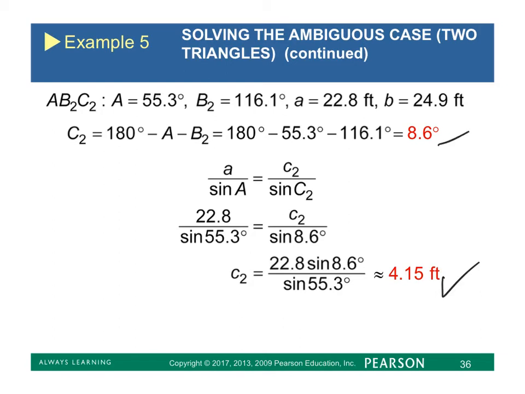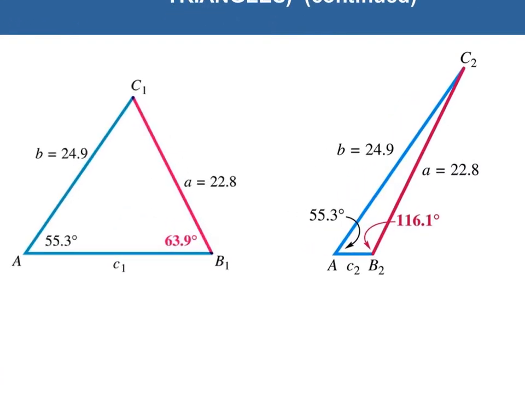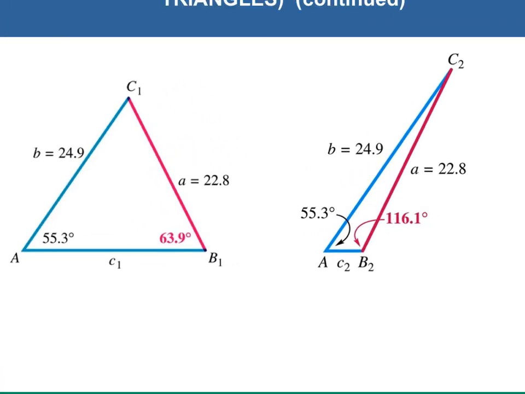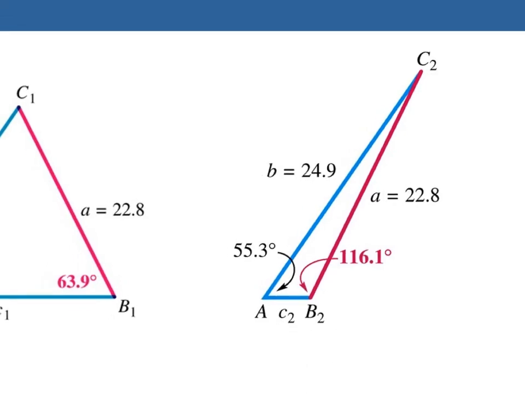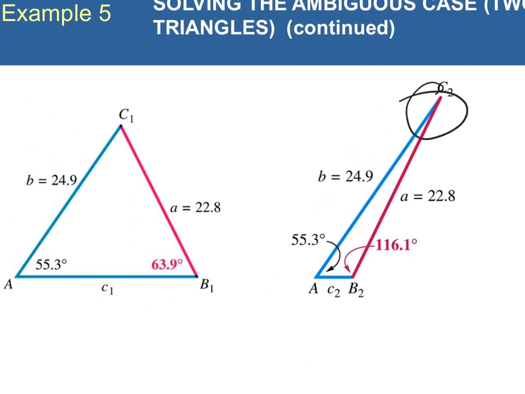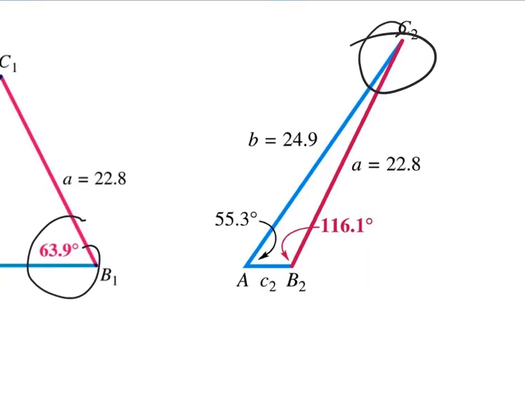Everything's fine. Wow, and he drew both pictures. Much better than mine. Because remember, I had that small angle up here. Over here it was bigger. He didn't even label it. Can't remember how big that was. It was like 8 or something. Let's see, we can figure it out.